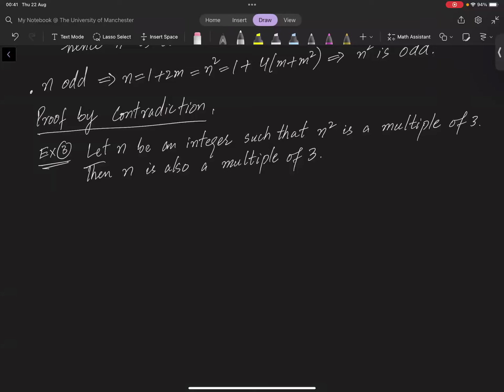Now, remember, we are proving by contradiction. So the proof will start like this. Suppose n is not a multiple of 3.